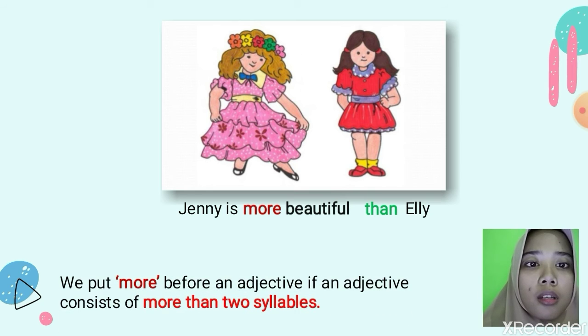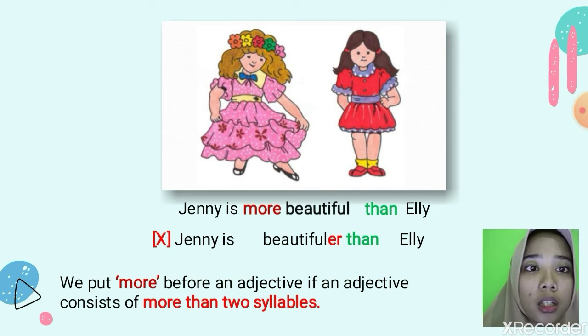It is because we need to put more before an adjective if the adjective consists of more than two syllables. We cannot say Jenny is beautifuler than Ellie, because er is only for one or two syllables of comparative adjectives. So we need to say more beautiful.